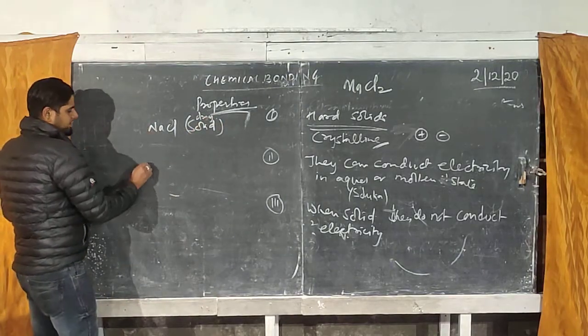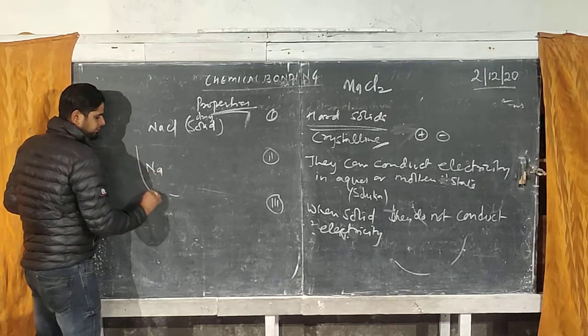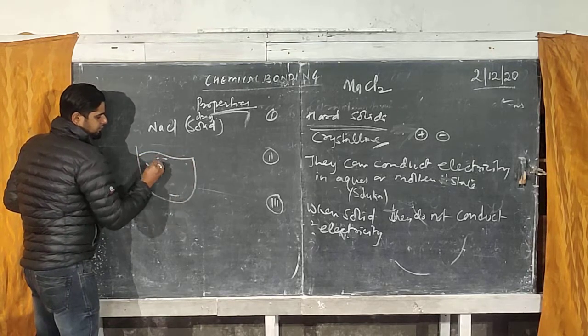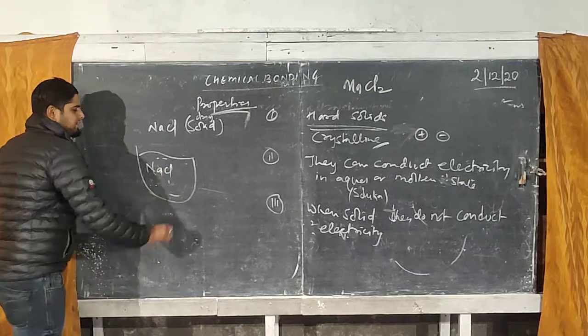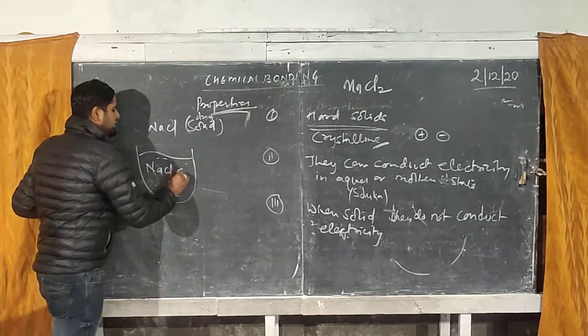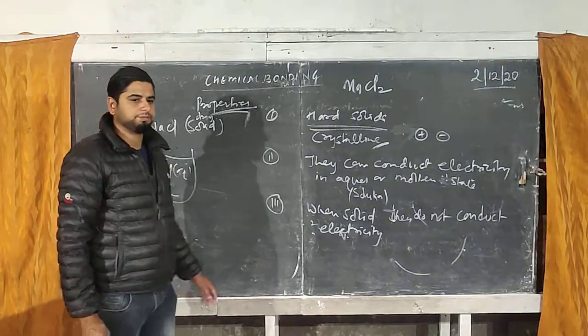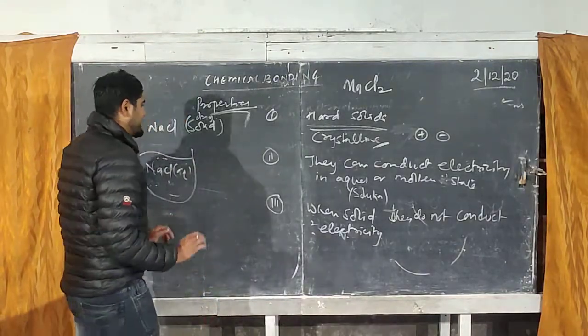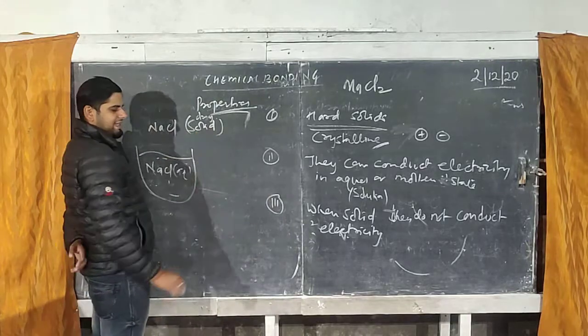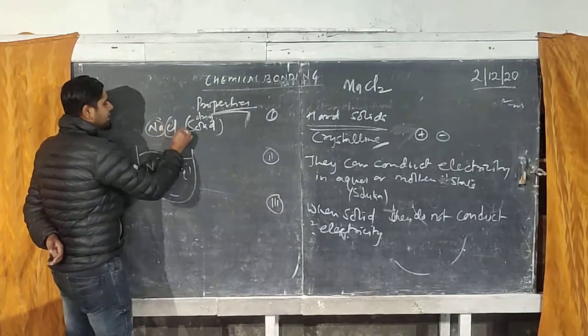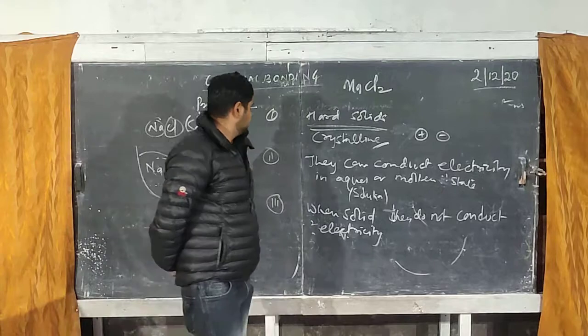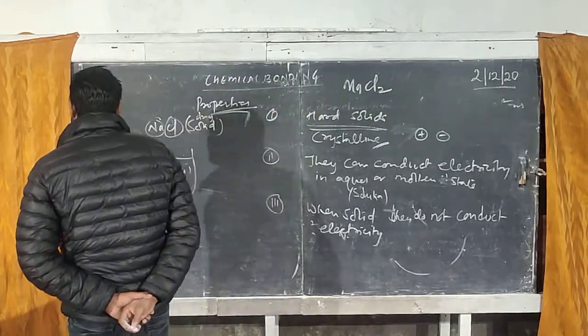Okay, and if this is solution, NaCl means solution, aqueous solution. If you mix this NaCl in water, then it can conduct electricity. Why? Because in solid state, this Na and Cl are attracted very strongly.